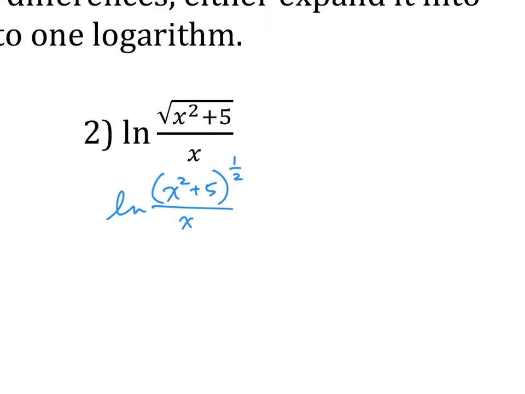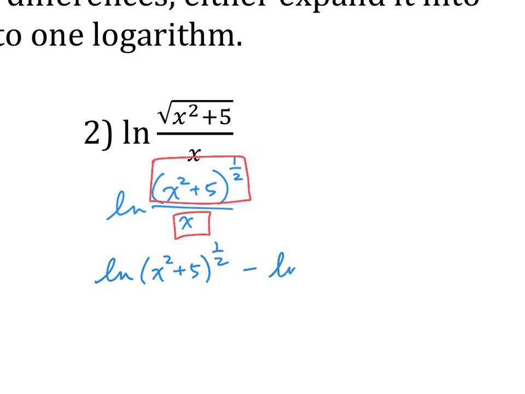All right, so now I'm going to take care of that dividing first. Dividing, remember, so I have 2 things divided, right? I have this thing divided by this thing. So that means I'm going to have 2 logs that are subtracting each other. Next, I have an exponent, so I've got to move that exponent to the front.